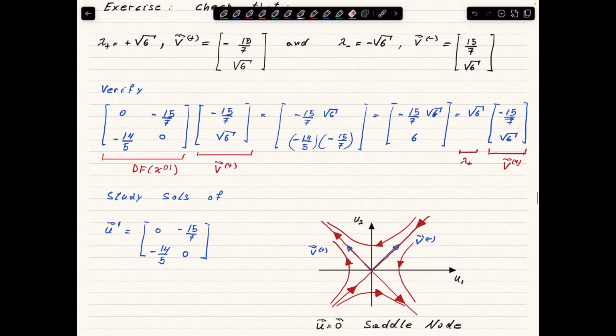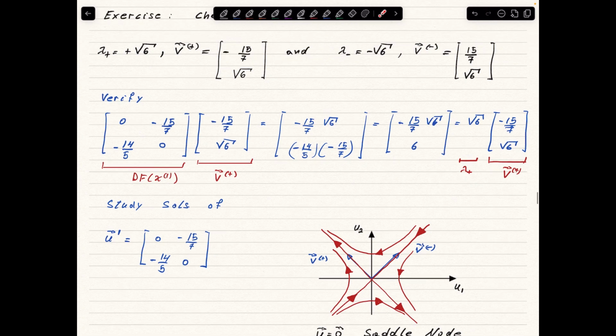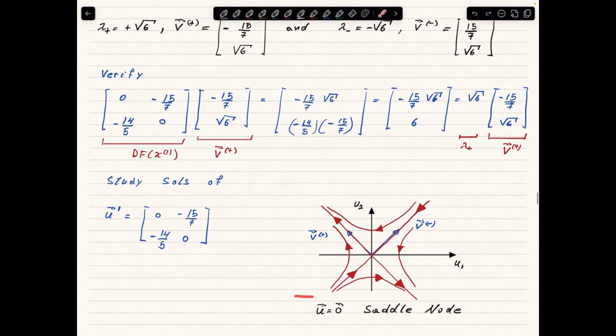So with that we have the phase portrait, and as we said before, this is a saddle where, recall, this eigenvector has two positive components, so it points in this direction. This is the v minus. This one has a negative horizontal component, so this has to be the v plus. So this is the v plus, this is the v minus, and this is how the phase portrait looks.